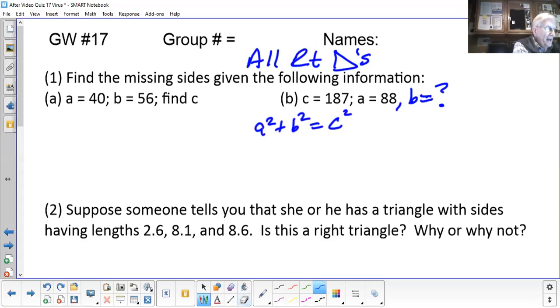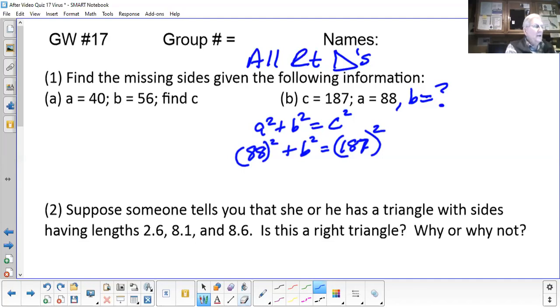So I fill in the values where they belong. It's 88 squared plus B squared has to equal 187 squared. This is a 7. Make sure you know that. It's not a 2.